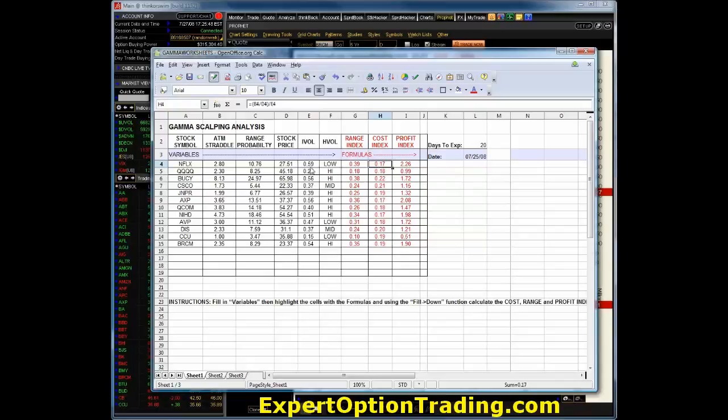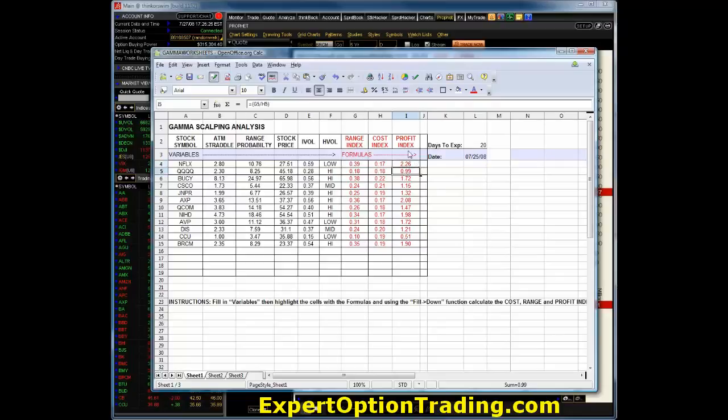If the volatility is actually high and we've got a relatively low stock price and a low at-the-money straddle, because the at-the-money straddle is relatively cheap compared to the stock price, that's how we basically determine which of these issues we're going to be using for gamma trading. The profit index itself is simply a measurement of the ratio between the range and the cost. We want the range as high as possible. We want the cost as low as possible, and that gives us a profit index.